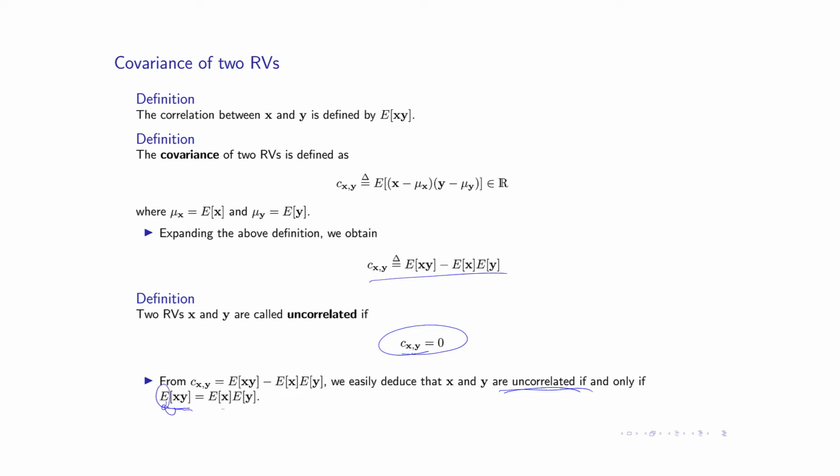If you cannot do that, that is, if the mean of xy is not equal to the mean of x times the mean of y, then we say there is correlation between them, or they are correlated.